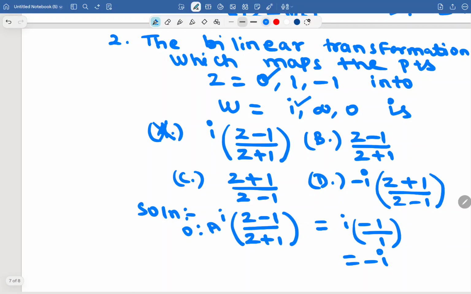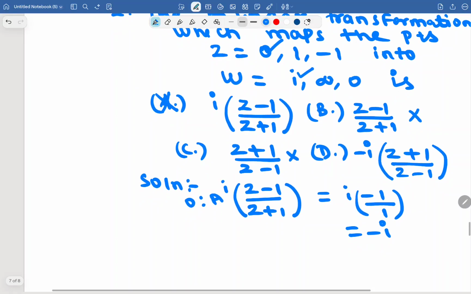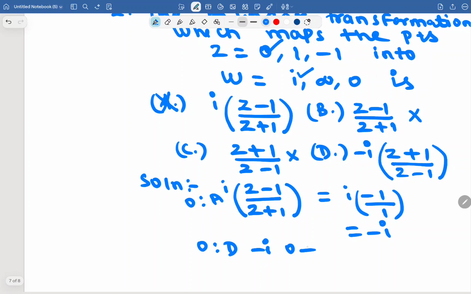That is option A. See, in option B and option C, there is no imaginary I. Therefore, option B wrong one, option C wrong one. Therefore, now I am going to substitute the value for z equal to 0 in the last option, option D, minus I 0 plus 1 by 0 minus 1.